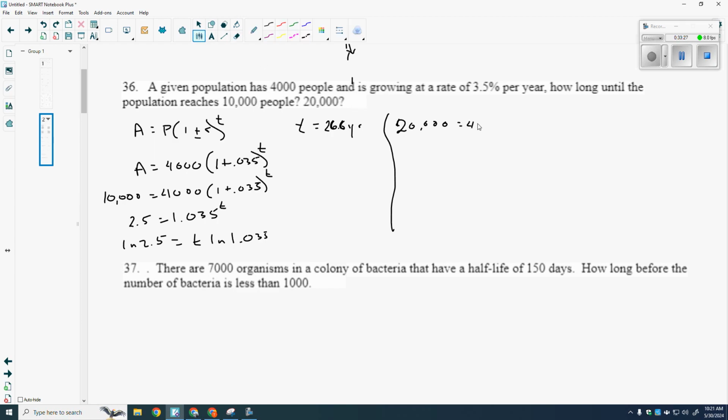And solve. Put 20,000 equal to my equation. Divide by 4,000. Take the log of both sides. Bring the t in front.